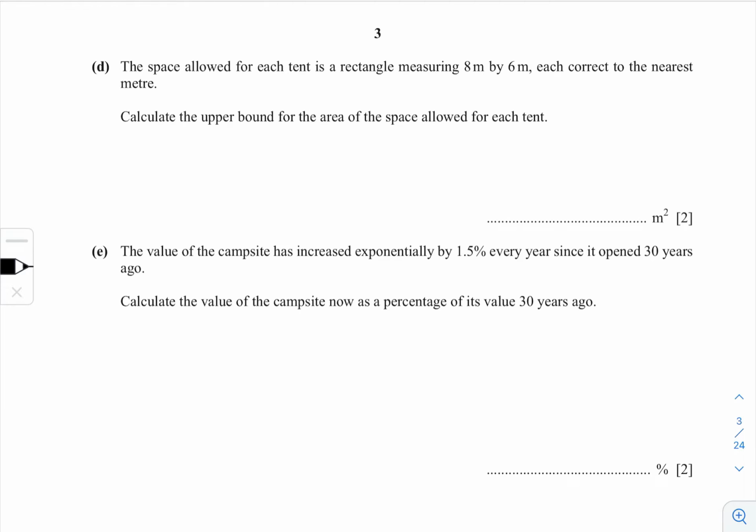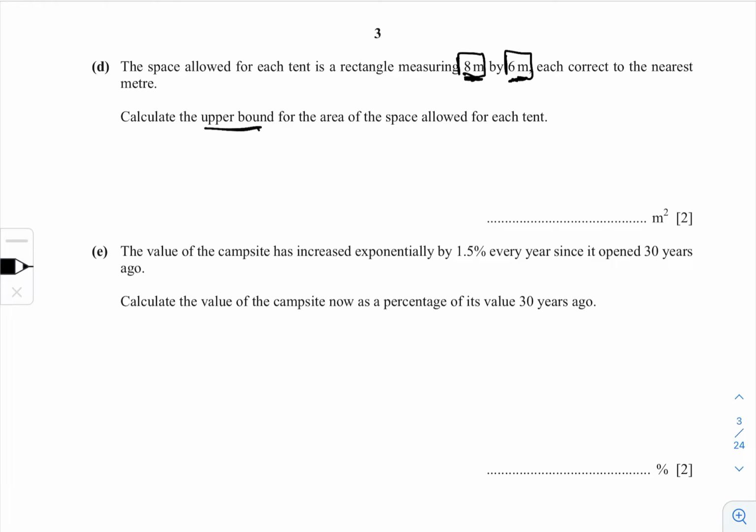In question 1D, it mentions that the space allowed for each tent is a rectangle measuring 8 meters by 6 meters, each correct to the nearest meter. Calculate the upper bound for the area of the space allowed for each tent. So the upper bound would be the upper limit for 8 meters and 6 meters when you consider rounding them.